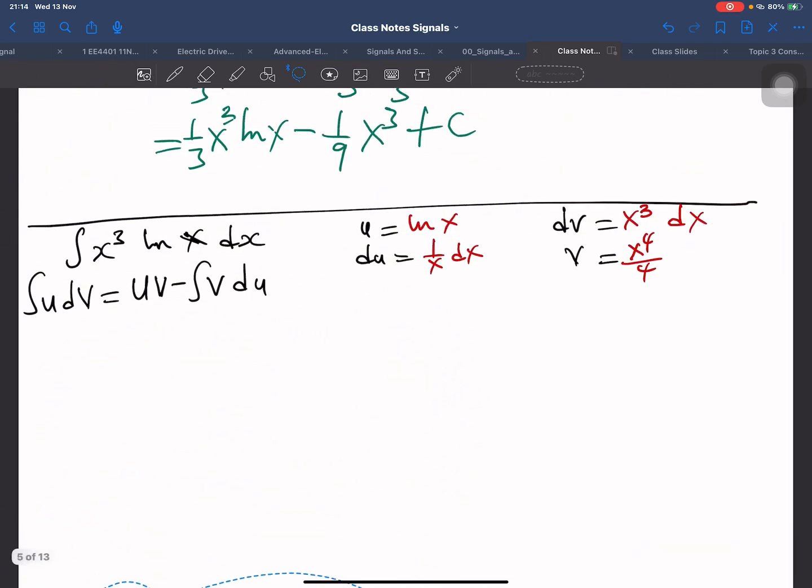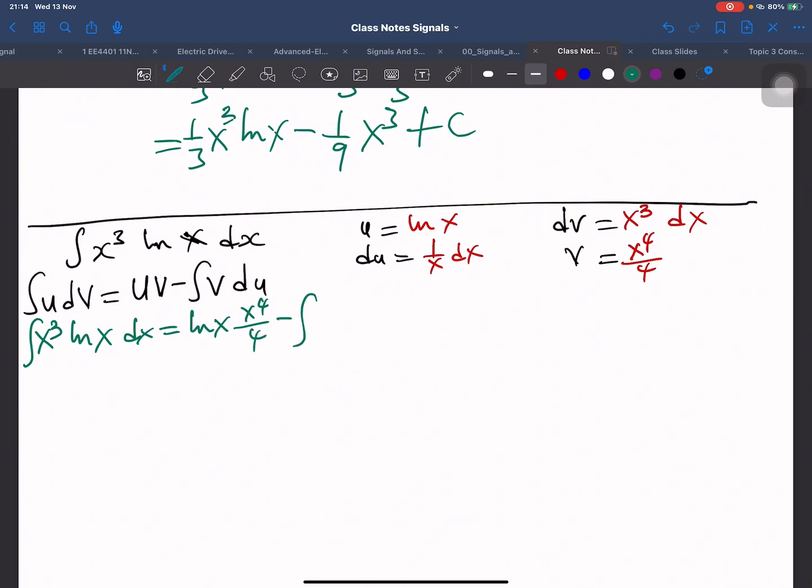Now what we have here is the integral of x cubed ln x dx is equal to u, which is ln x, times x raised to the power 4 over 4, minus the integral of x raised to the power 4 over 4, and then du is 1 over x dx.